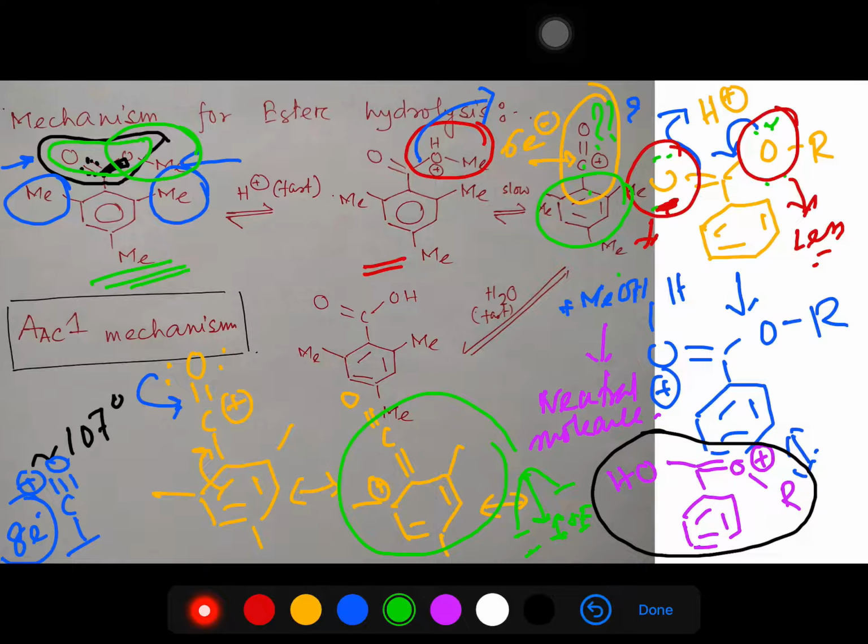Point number 1. Now this is a linear system. So in this case, a water molecule can attack at this carbon, and that attack should be faster because it's a carbocation, a highly reactive species. And another thing, after removal of one proton, it results in the carboxylic acid. So this is the mechanism: pouring this reagent in concentrated sulfuric acid, and after that pouring water or methanol, whatever.